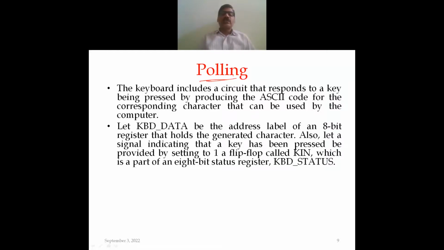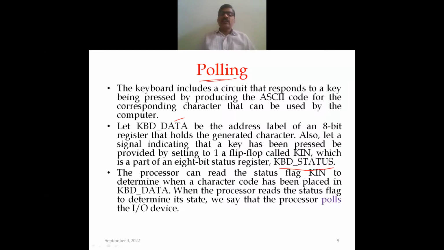Also, let a signal indicating that a key has been pressed be provided by setting to 1 a flip-flop called KIN. Setting KIN to 1 indicates that data is being read from the keyboard, and whatever key you press, that data will be stored in 8-bit form in KBD_DATA, and the status will be stored in KBD_STATUS.